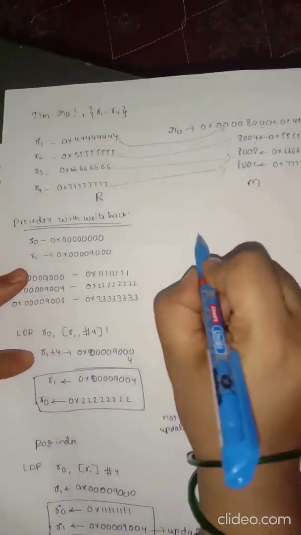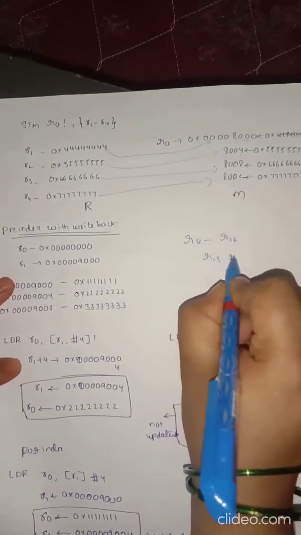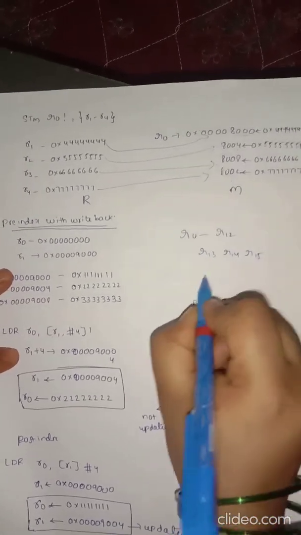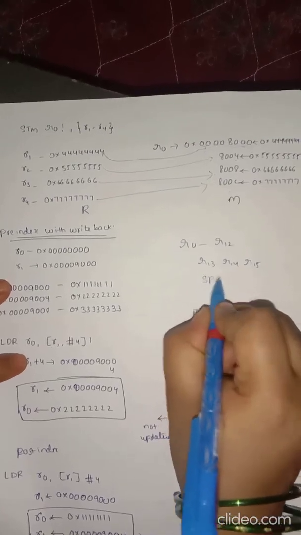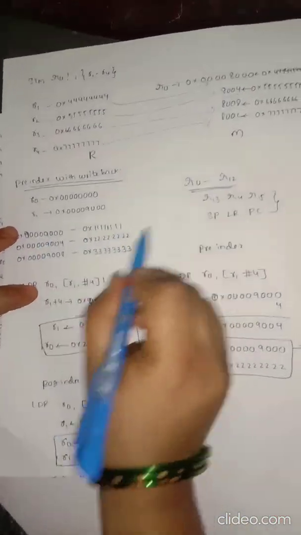So from R0 to R12 registers you can use. R13, R14 and R15 are used for which ones? Stack pointer, link register and PC. So with the remaining R0 to R12, you can use. In this case, I am using R1 as pointer. In this case, I am using R0 as pointer.